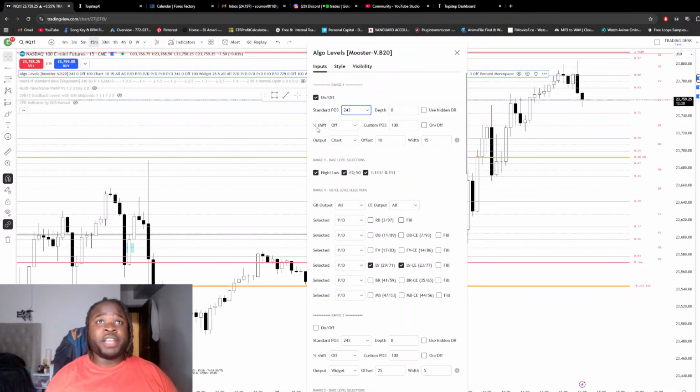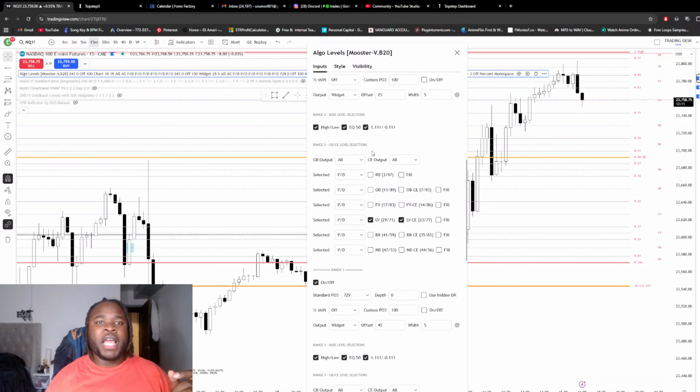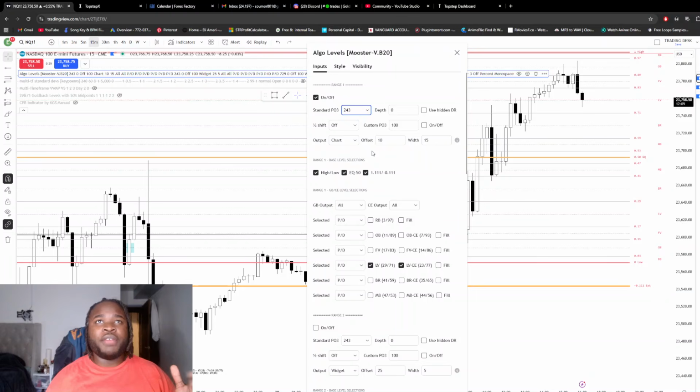You want to be looking for the half shift option. And when you feel comfortable, you can half shift up and down at your leisure to get a better idea to frame your trades, right? And yeah, I don't really use too many of the other features inside the indicator, so I can't really tell you what to do with that.